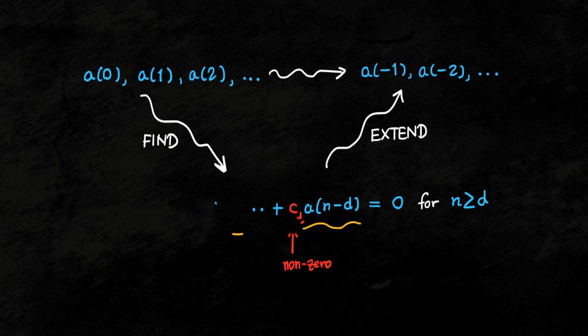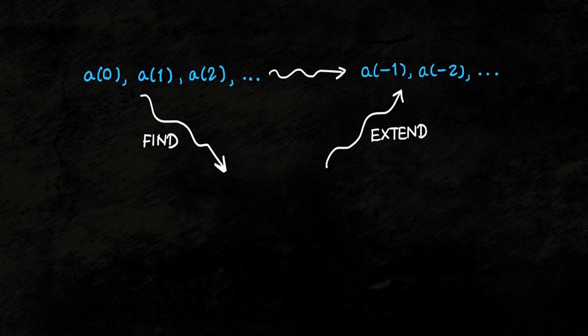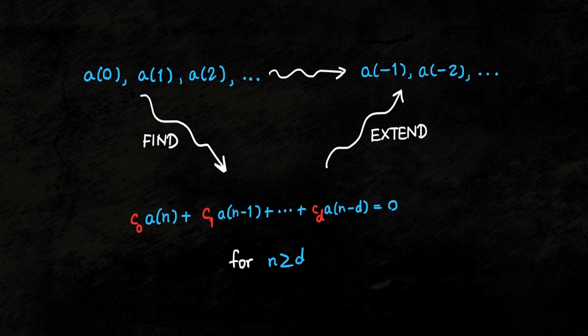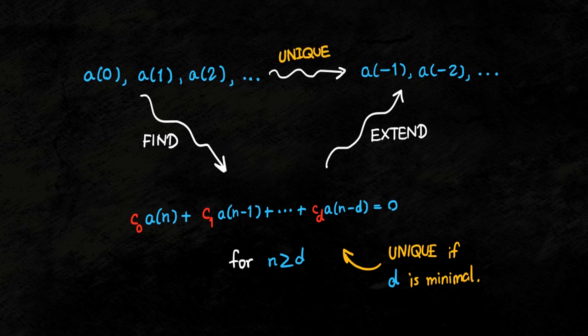In our previous example of the 2 to the power of n sequence, we had this pattern, which is the linear recurrence relation. Well, it turns out that such a recurrence is unique if we chose d to be as small as possible. So it means that we can simply extend our pattern into negative numbers in a unique way.